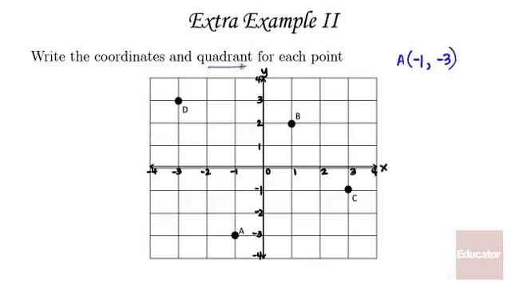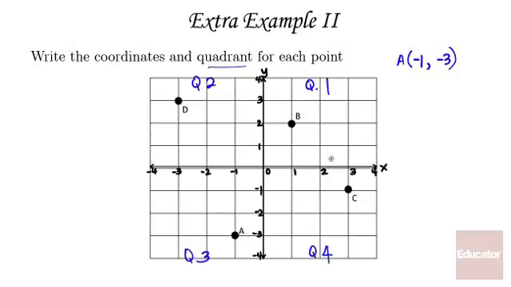And then we also have to state what quadrant it's in. So remember that any points that fall in this section right here is quadrant 1. This section is quadrant 2, quadrant 3, and quadrant 4.